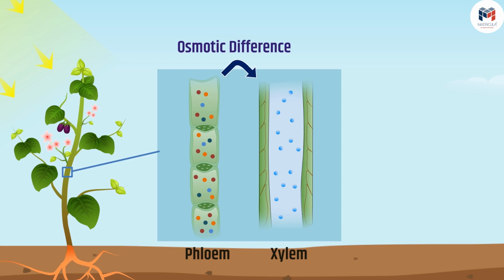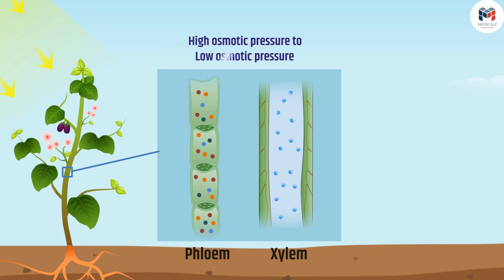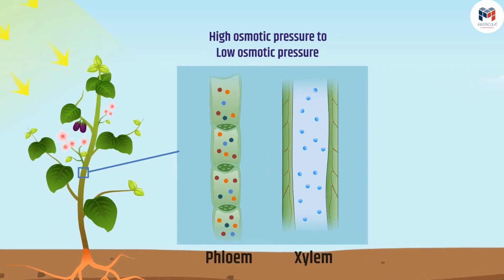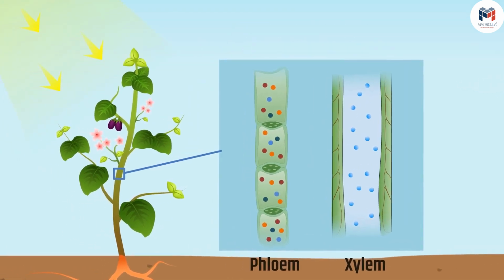To reduce this difference, water enters from xylem to phloem. This increases the osmotic pressure in the phloem. Water and soluble products move from high osmotic pressure to low osmotic pressure and are transported to different locations such as storage organs, fruits, buds, etc. Keep in mind, phloem carries substances both in upward and downward direction, whereas xylem carries only in upward direction.